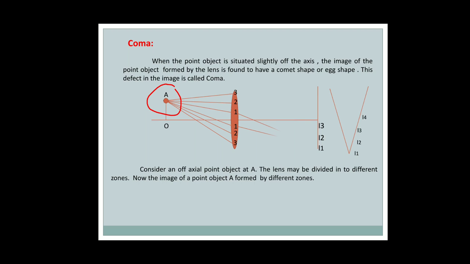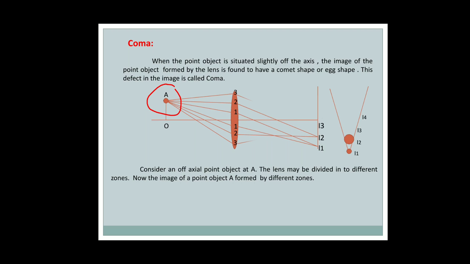Rays passing through the zone 1 1 form an image I1 on the screen. This image is just like a point image. The rays passing through the second zone, 2 2, are incident on the screen and form an image I2. The image is also not a point image. It is circular in shape with some small radius.